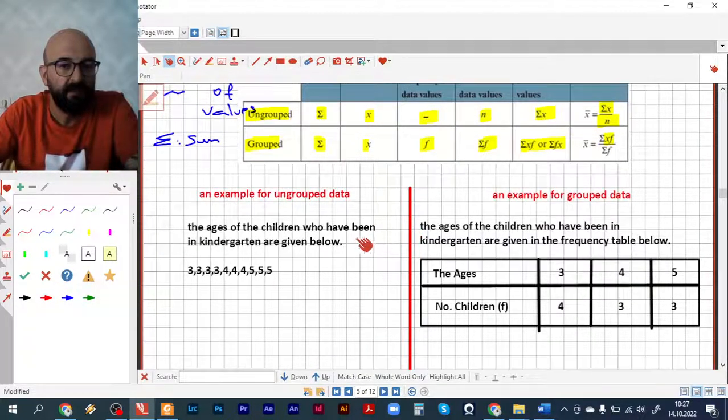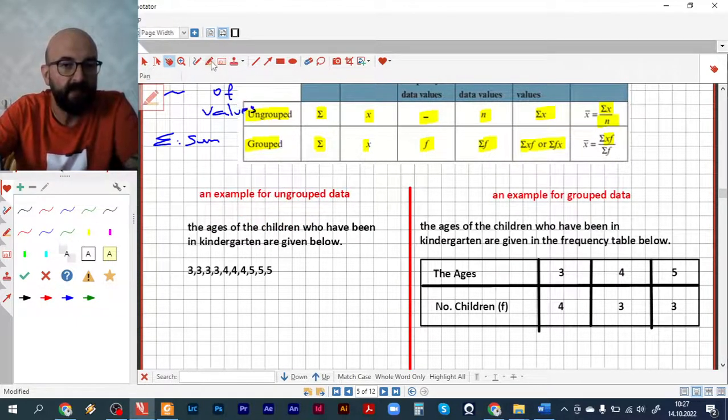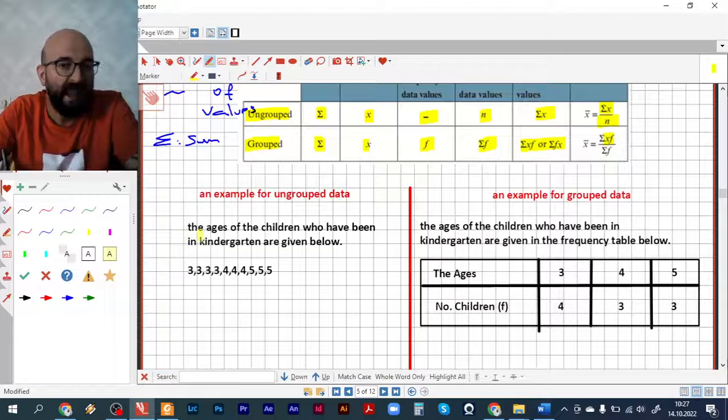For example, the ages of the children who have been in kindergarten are given below. These data are ungrouped data.